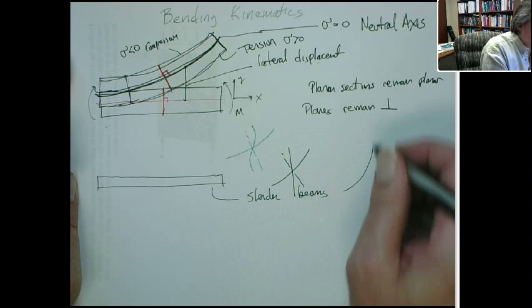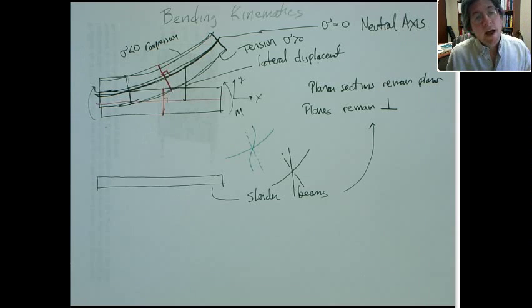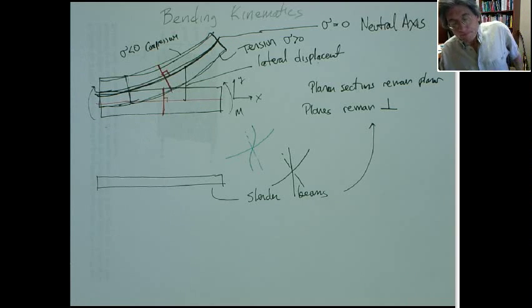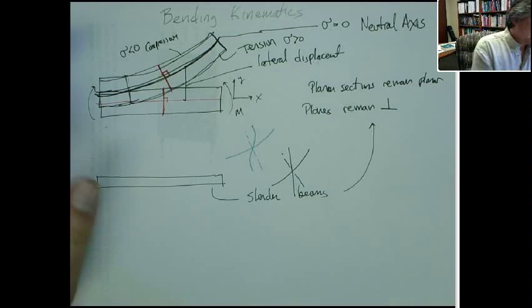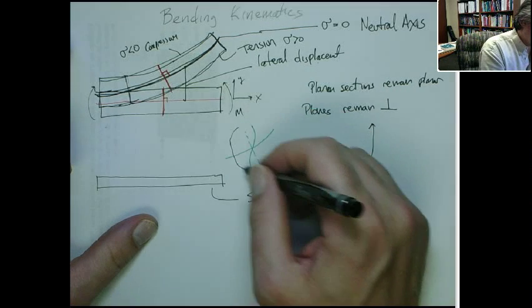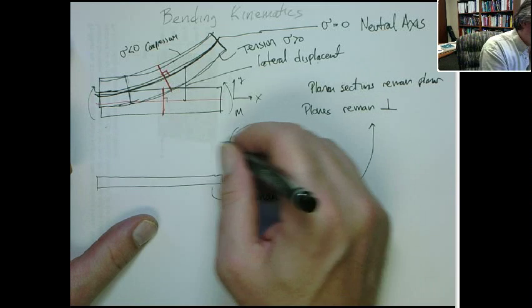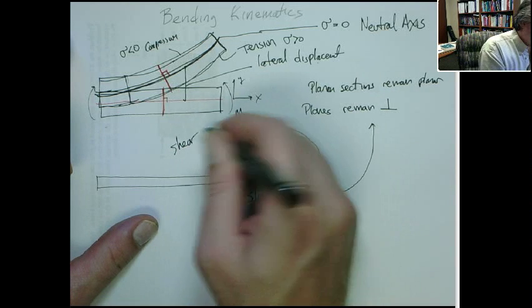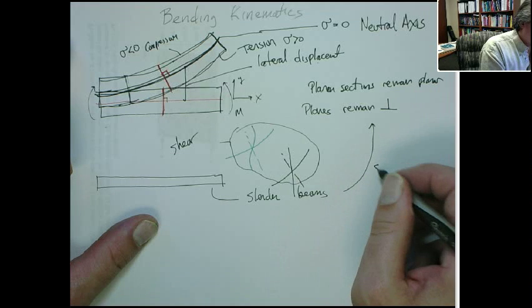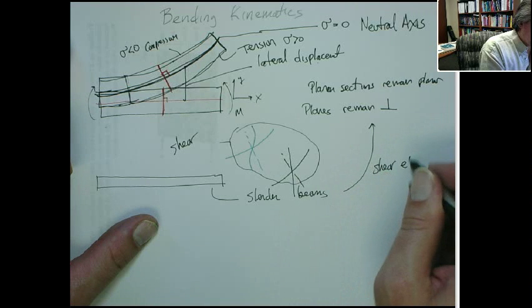These tend to support this idealization. As beams become thicker, like that book, you tend to see the shear effects become dominant. These two things here are attributed to shear.